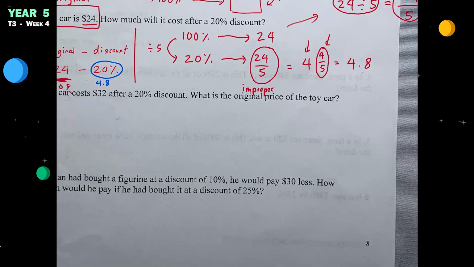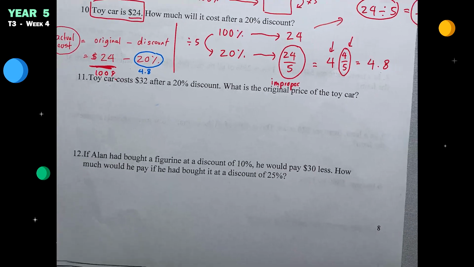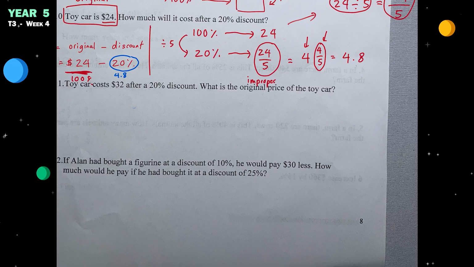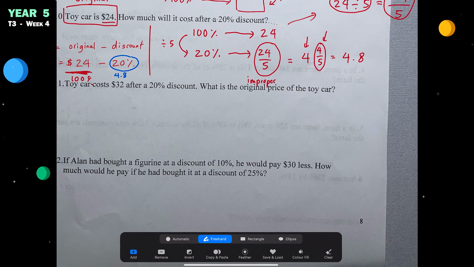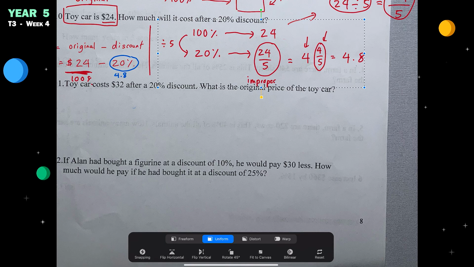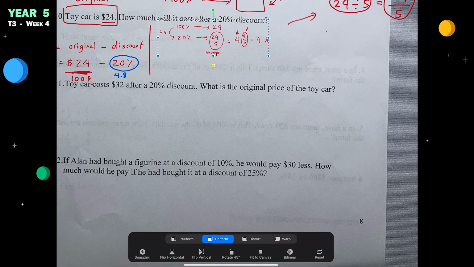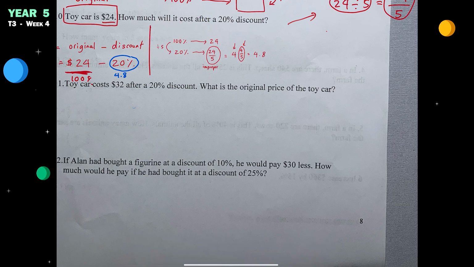Okay, so all you got to do to find the actual price, or the buy price, or whatever you want to call it, it's gonna be $24.